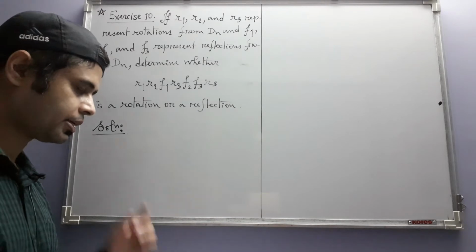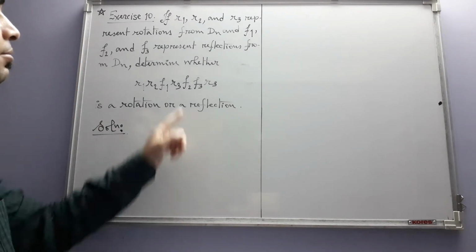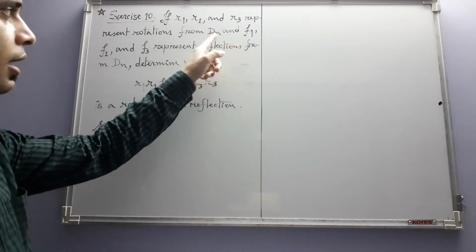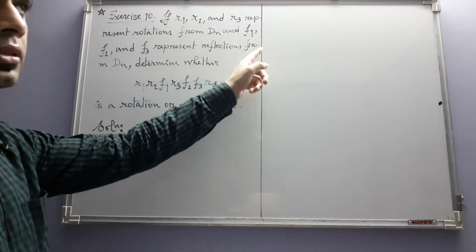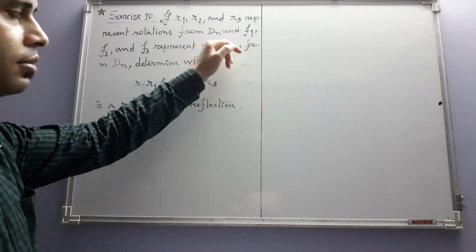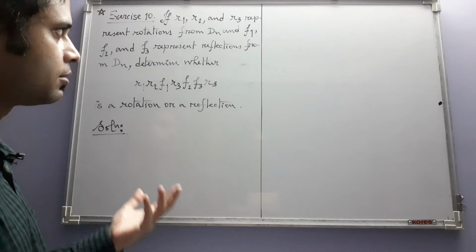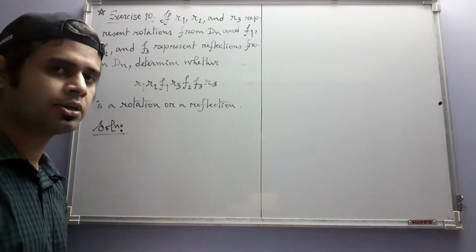Next, exercise 10. Here we are given 3 rotations R1, R2 and R3 and 3 reflections F1, F2 and F3 in the dihedral group, which is the group of symmetries of a regular n-sided polygon.